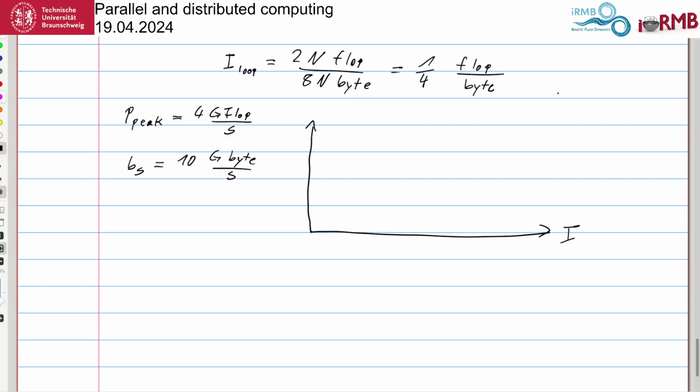This will certainly look extremely painful. Say this is the knee. This is what we call the knee. What we now have to compute is the intensity of the knee. And the intensity of the knee is the peak divided by bandwidth, because this is the place.